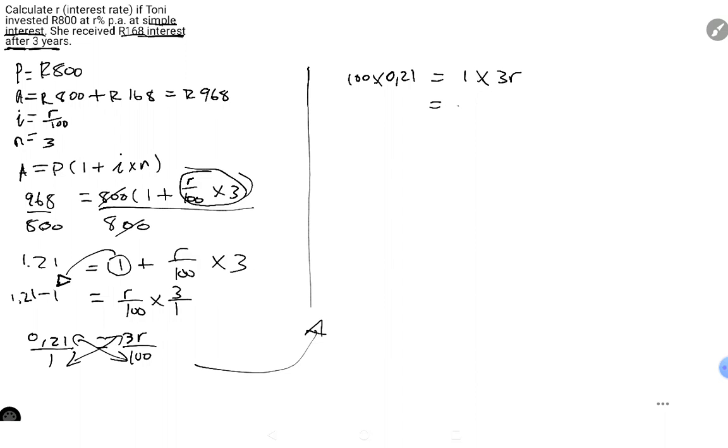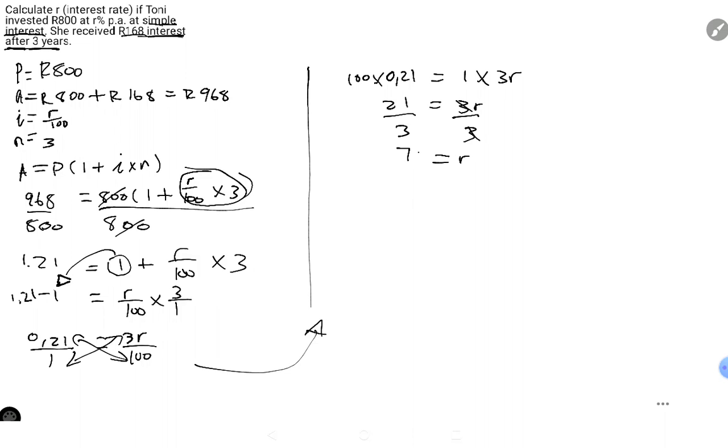So anything times 1 is that thing itself. So now we've got 100 multiplied by 0.21, that gives us 21. And so we need to divide both sides by whatever's in front of the r, because that's what we want. And so 21 divided by 3 is 7.